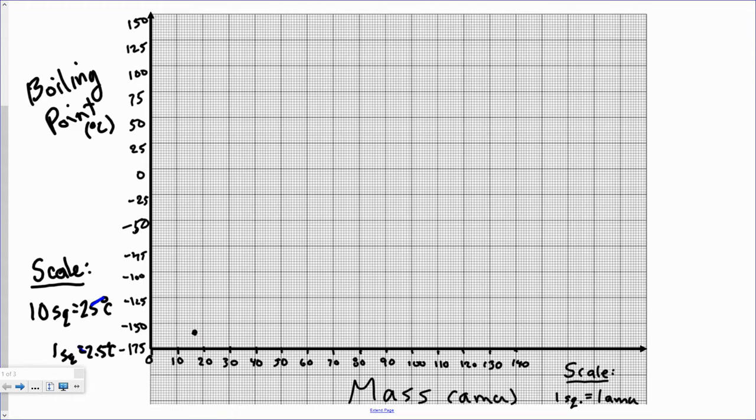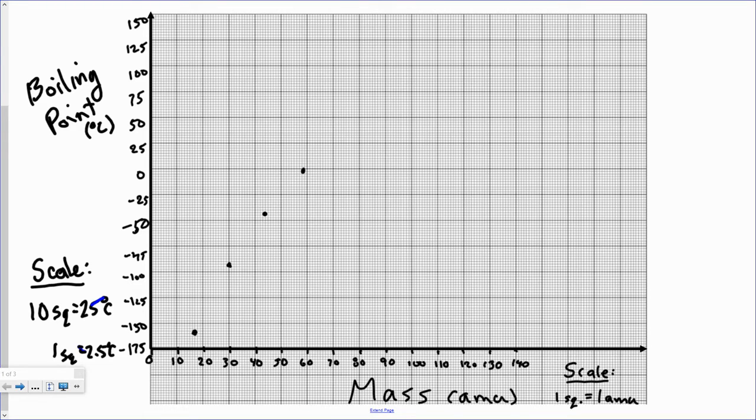Our next, at 30 AMUs, negative 88.6. Our next point, at 44 AMUs, negative 42. At 58, we've got roughly 0.